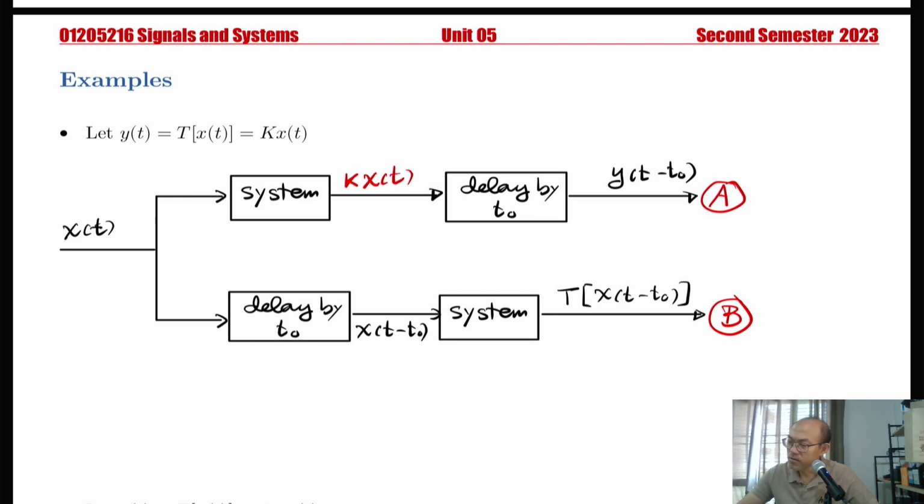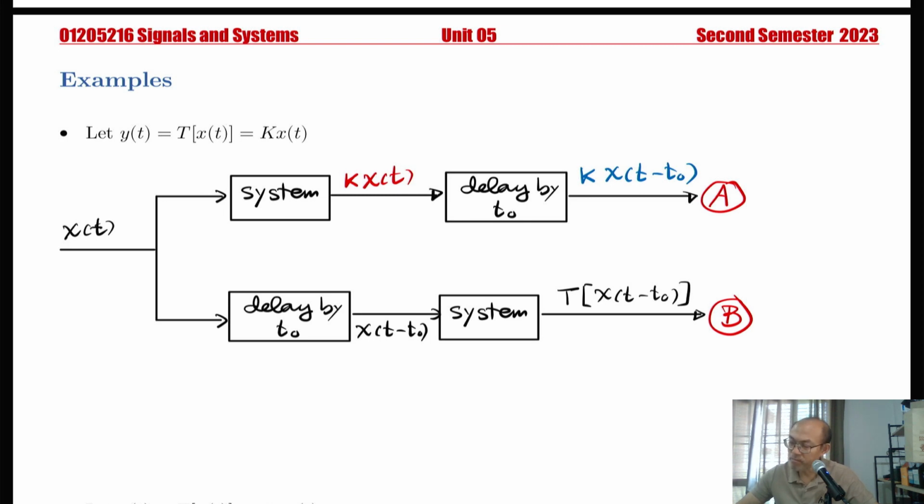Then we pass k x(t) to a delay by t0. So what comes out from the delay would be k x, plugging in t as t minus t0. Now that is path A.